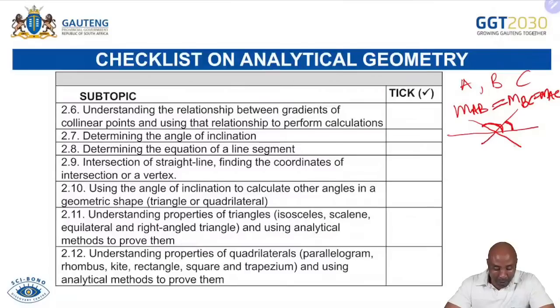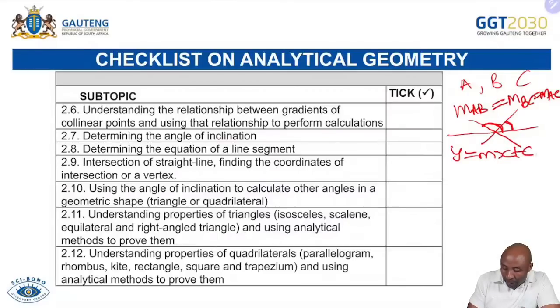Now, the equation of a line segment, we showed you the equation of a straight line. Y is equal to mx plus c, or you use the other version. Now, the intersection of a straight line, finding the coordinates of intersection or a vertex.